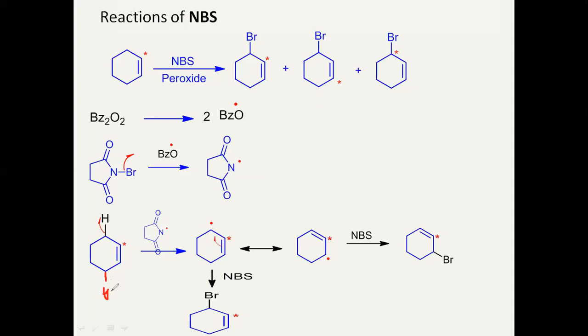So the radical will form here at this carbon. How can we write it? See, like this. This radical will form like this.